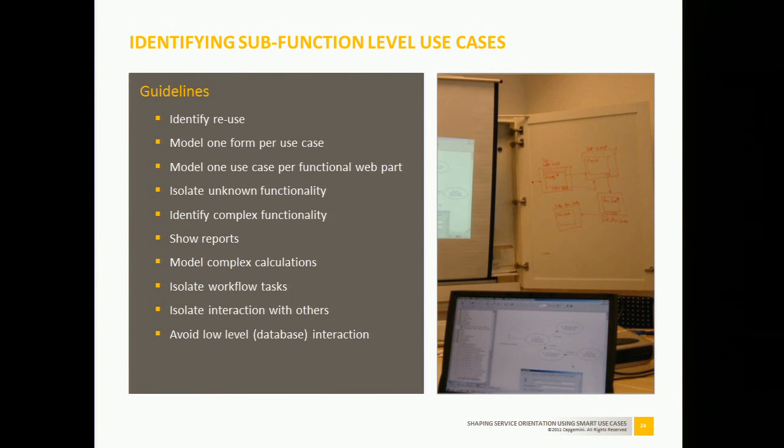For instance, if you're looking at the steps of your user goal level use case, at some point in time you might say, hey, here I have to search for a customer. This search customer might be something that you want to reuse in the rest of your project. And reuse is good, of course, especially when you can reuse your requirements even before you've implemented them. So you might say, okay, I'm probably going to reuse this one, so I'm pulling it out.